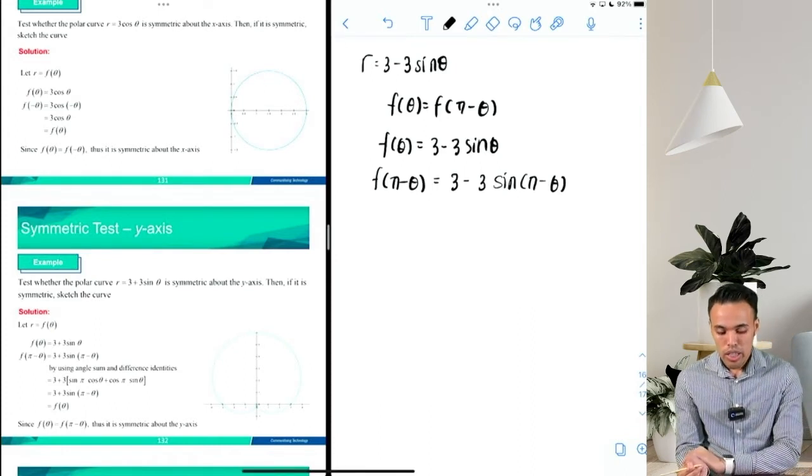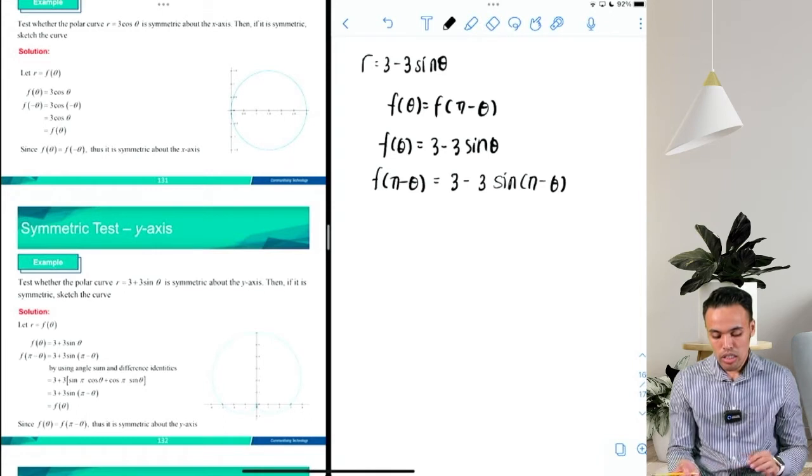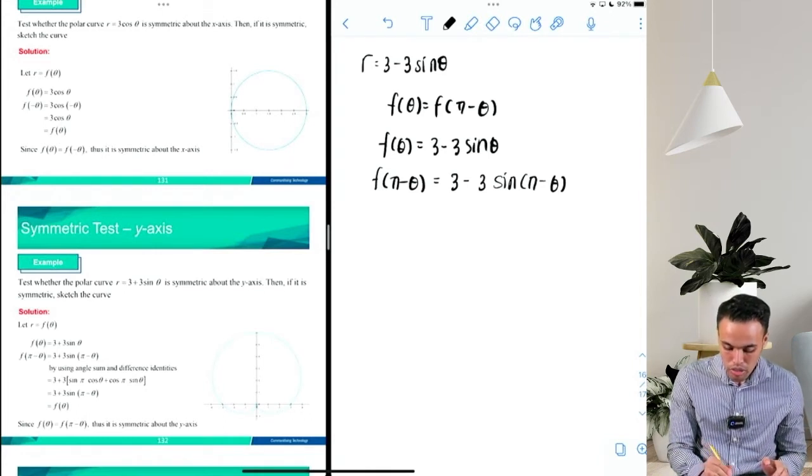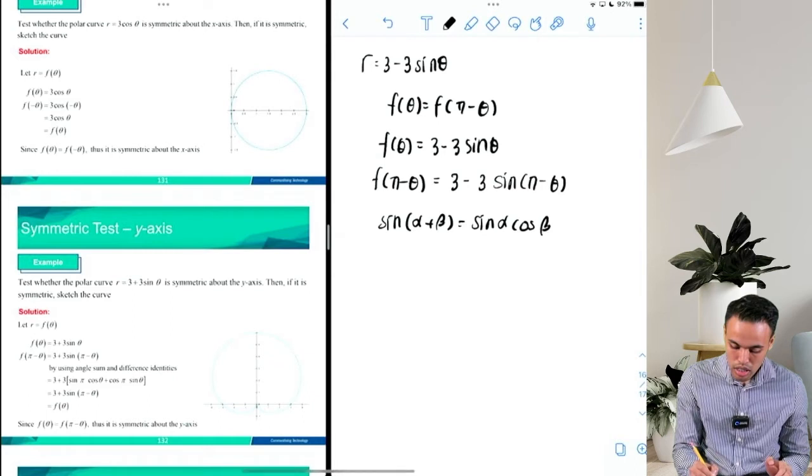So the only way to expand the summation of sine is to refer to some sine formula. In this case, I know that sine alpha plus beta is equal to sine alpha cosine beta plus minus cosine alpha sine beta.